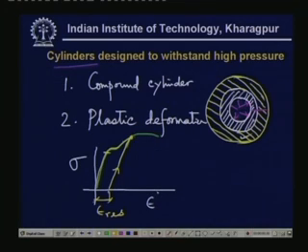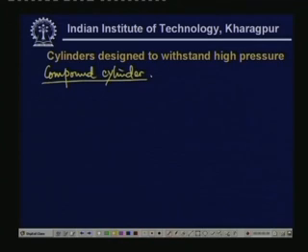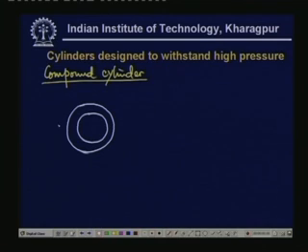But here in this class we are going to study what is meant by compound cylinder and the stress analysis in a compound cylinder. So, now let us see the compound cylinder. We know that if a second cylinder is pressed or fitted on the top of the first cylinder, then a compressive stress develops.